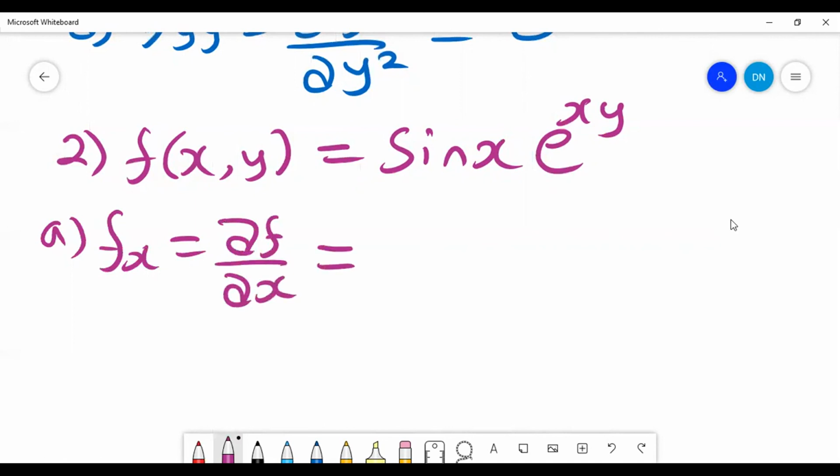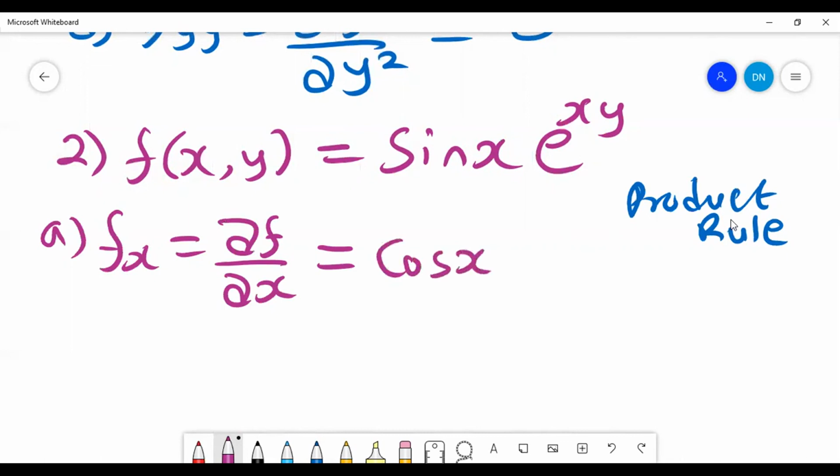And therefore, I'm going to use the product rule to be able to work with this. And what does the product rule say? I'll differentiate the first part, sine x, and keep the e constant. So this becomes cos x, e raised to xy, and then plus, I keep the sine constant, and now I differentiate e raised to xy.